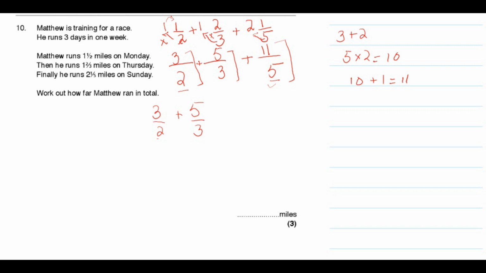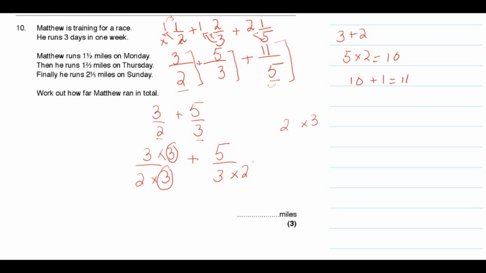So 2 and 3 are both prime numbers. What we need to do is multiply them. So in the bottom we need to multiply both with each other, that is 2 times 3, or 3 times 2, the same thing. The same operation you need to do in the top.